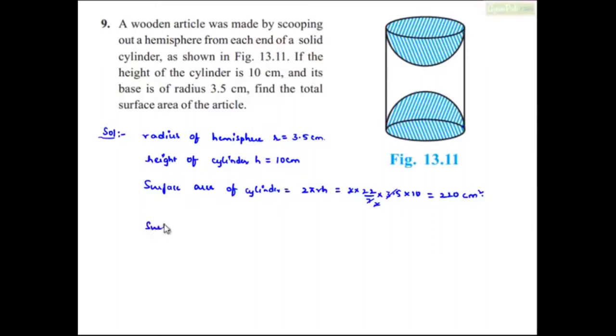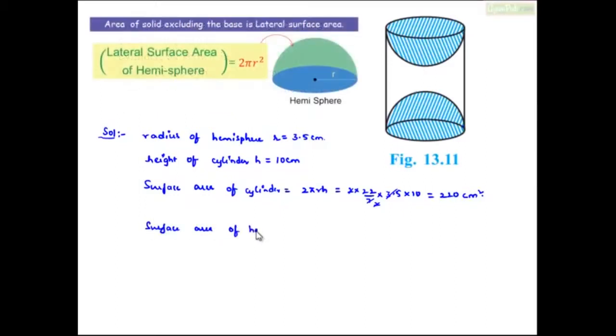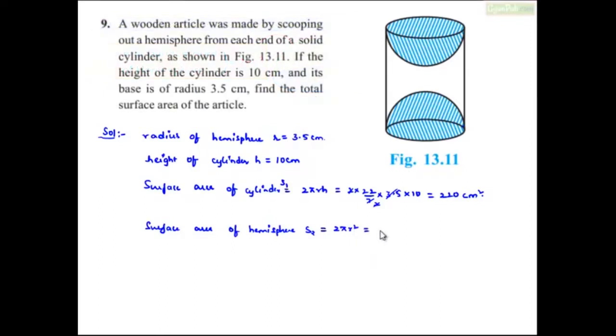Now we also get the surface area of the hemisphere. Let this cylinder be S1, S2 will be equal to 2 pi r square, which is 2 times 22 by 7 times r square is 3.5 times 3.5. Here 3.5 goes in 7 2 times and 2 goes into 2 1 time, and 22 times 3.5 is 77 centimeter square.